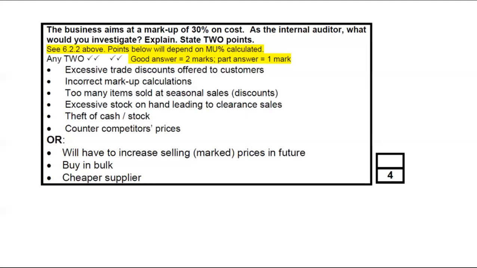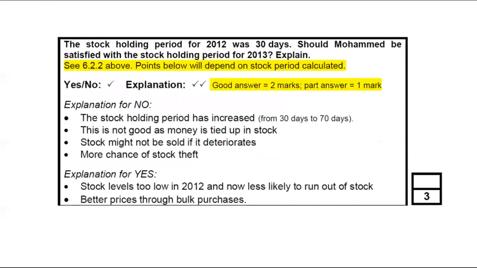Buy in bulk: when we buy in bulk, that will reduce our cost of sales, therefore increasing our gross profit. So we need to buy from a cheaper supplier, but you need to remember that when you buy from a cheaper supplier, that will simply compromise the quality of the goods that you are selling.